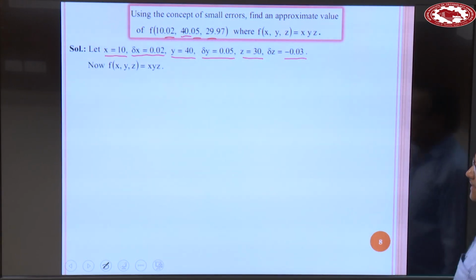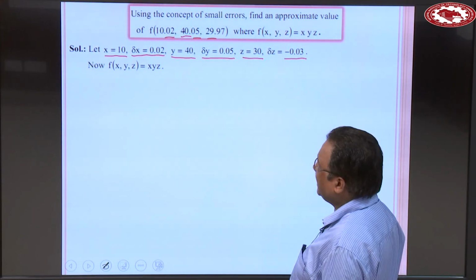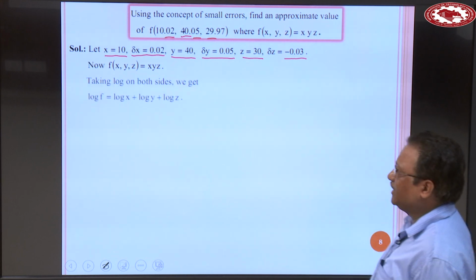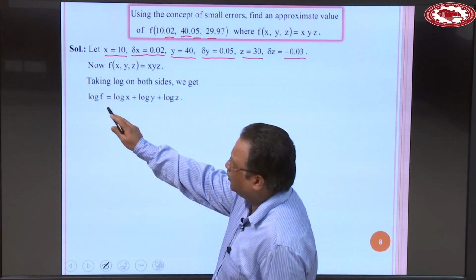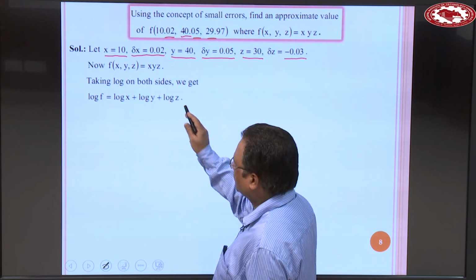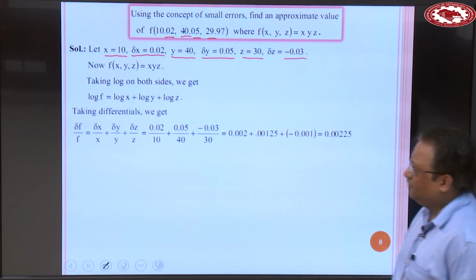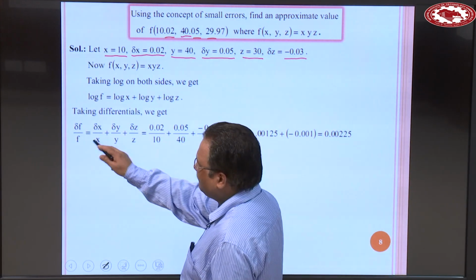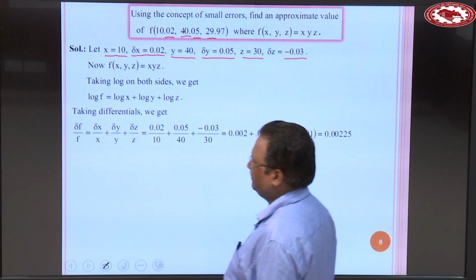Now f(x,y,z) is equal to x into y into z. Taking log on both sides, we obtain log f is equal to log x plus log y plus log z. Taking differential, we obtain delta f over f is equal to delta x over x plus delta y over y plus delta z over z.